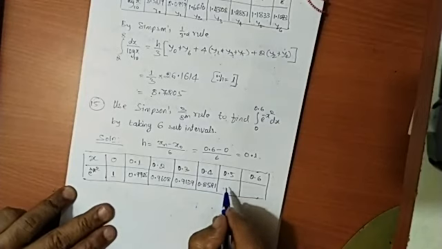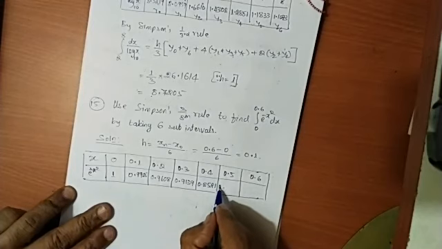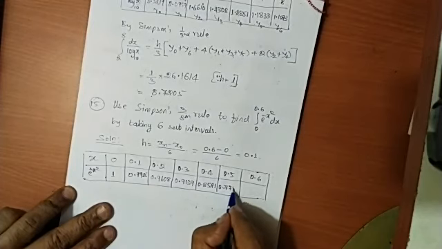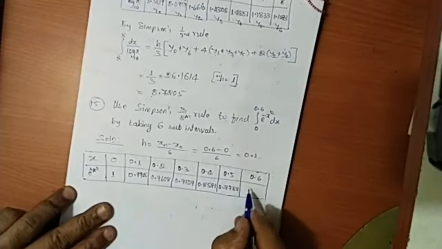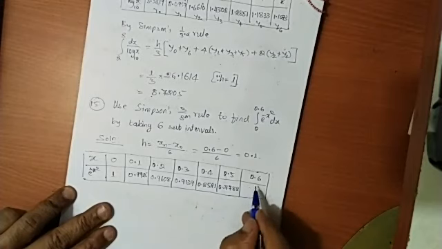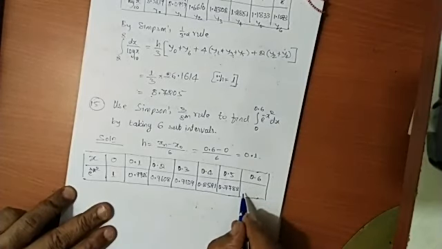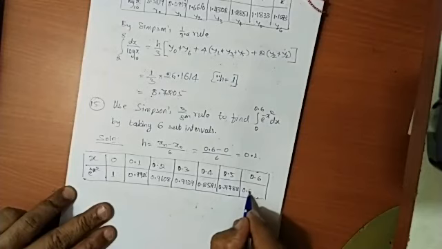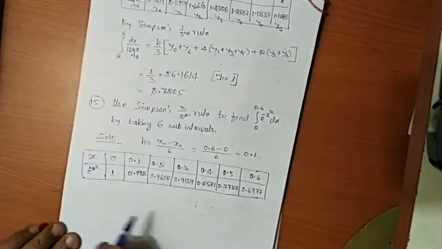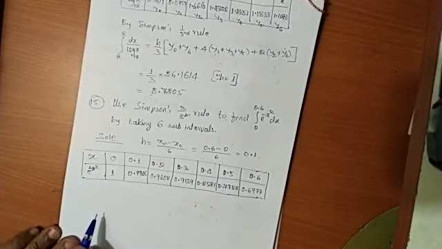Then x is equal to 0.5, the value is 0.7788, and x is equal to 0.6, the value of y is 0.6977. Right. So now my table is also over.